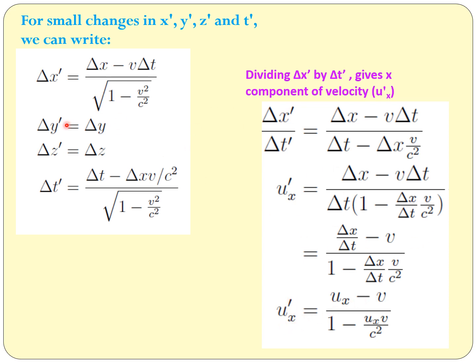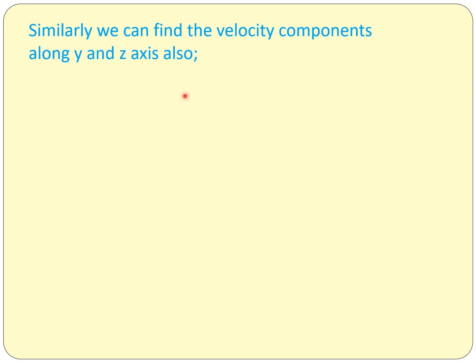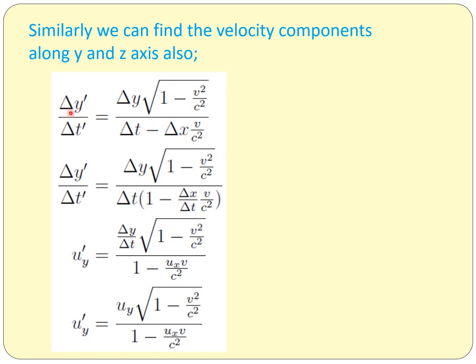Similarly, we can find it for y prime and z prime using these two relations. If we divide equation 2 by the time equation, delta y prime by delta t prime will give us uy prime, and delta z prime by delta t prime will give us uz prime. Delta y prime by delta t prime is delta y under root 1 minus b square by c square, divided by delta t minus delta x b by c square.